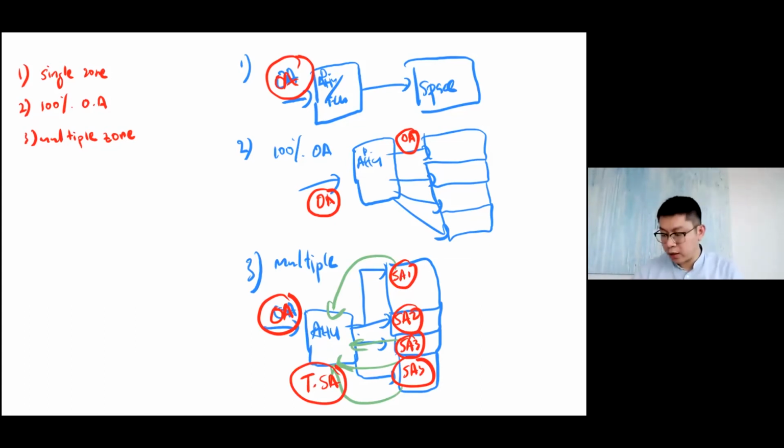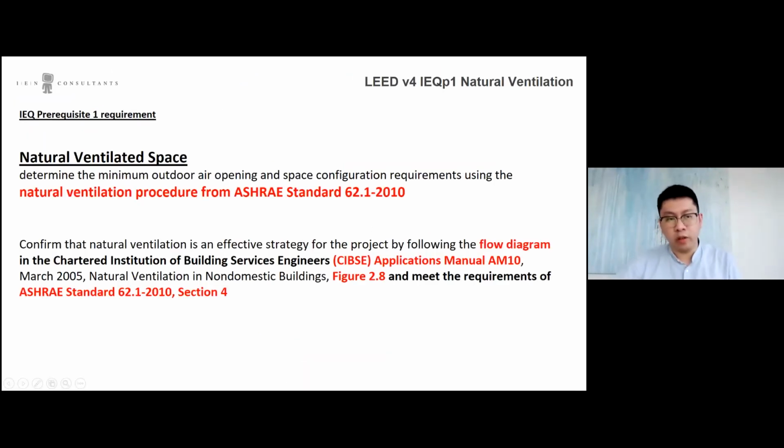Okay, now let's go into natural ventilation. For naturally ventilated spaces, the requirement in LEED says that we need to determine the minimum air opening and space configuration requirement using the natural ventilation procedure from ASHRAE 62.1. ASHRAE 62.1 actually has a clause on the natural ventilation requirement.